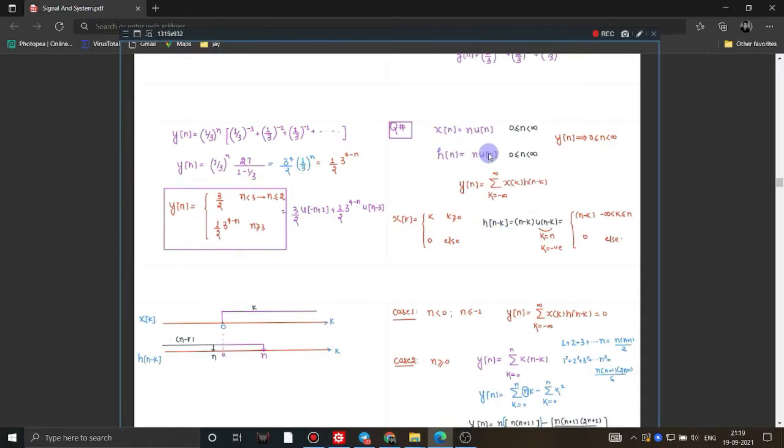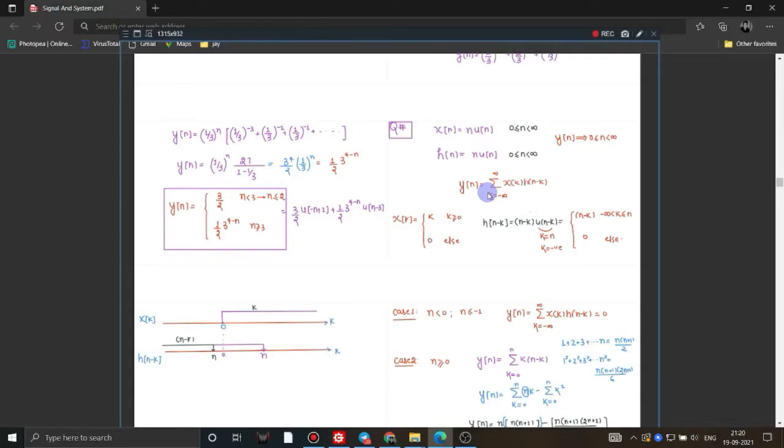So this was the question that we are solving, and we reached, I think, here. So we make the equation of xk where for k greater than 0 the value is k and else is 0. And now we have to make the equation for hn minus k, which is given as nun. So we replace n with n minus k.